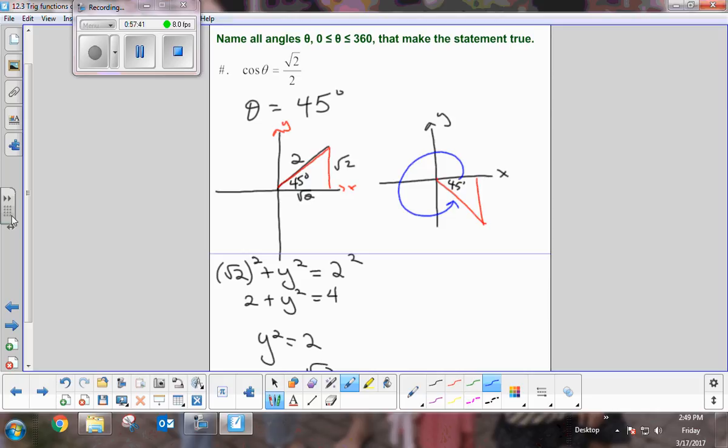What angle is that? 360 minus 45, right? Which is 315 degrees. And the answer is this.